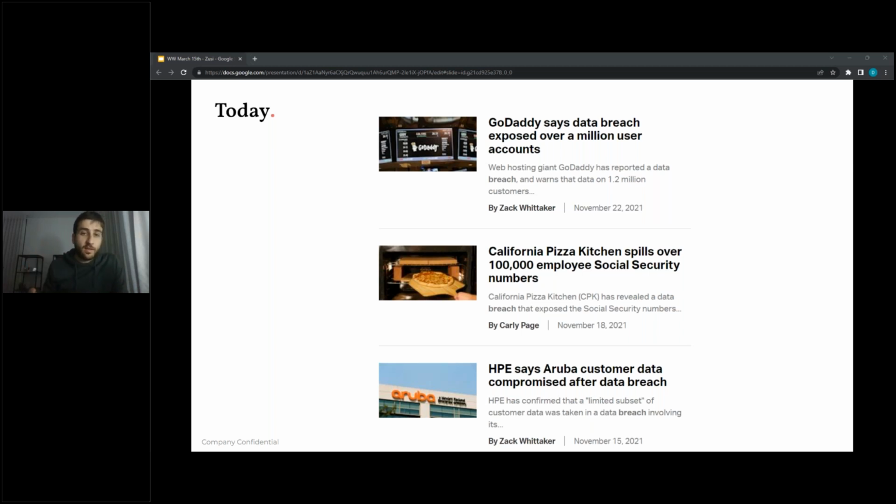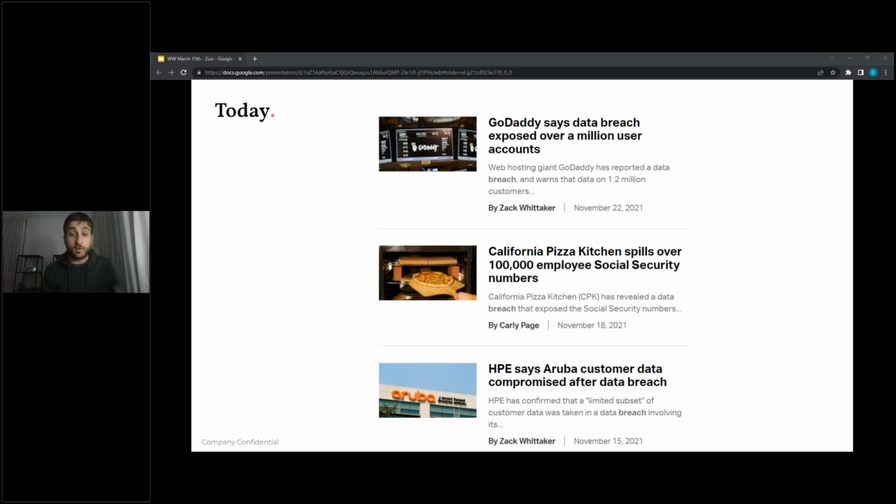I picked out the headlines, and you can see I just selected 3 major ones here. We have the GoDaddy incident, from about 2021. GoDaddy, the world's largest domain registrar and web host by market share, was attacked.